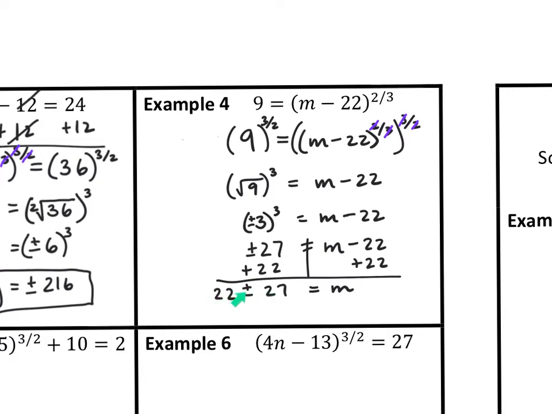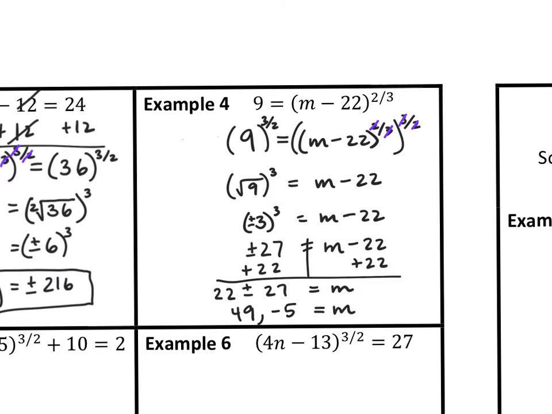That's 49. That's one answer. Now let's do the subtraction. What's 22 minus 27? That's negative 5.